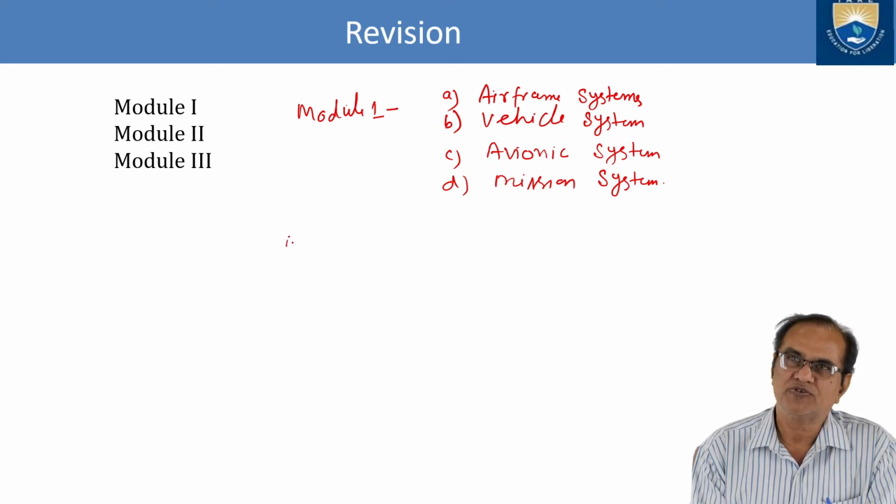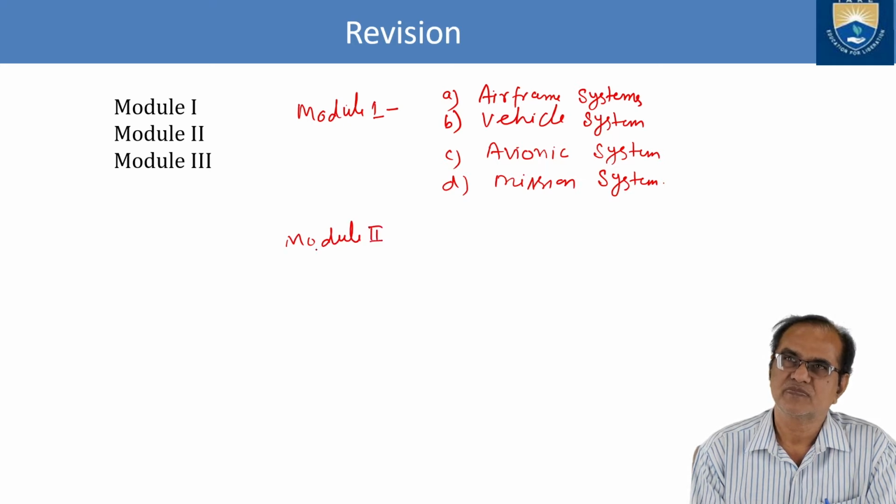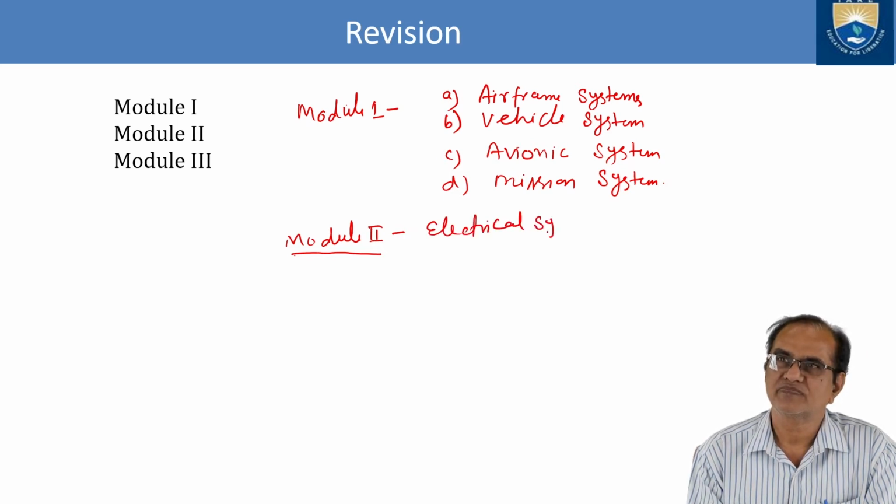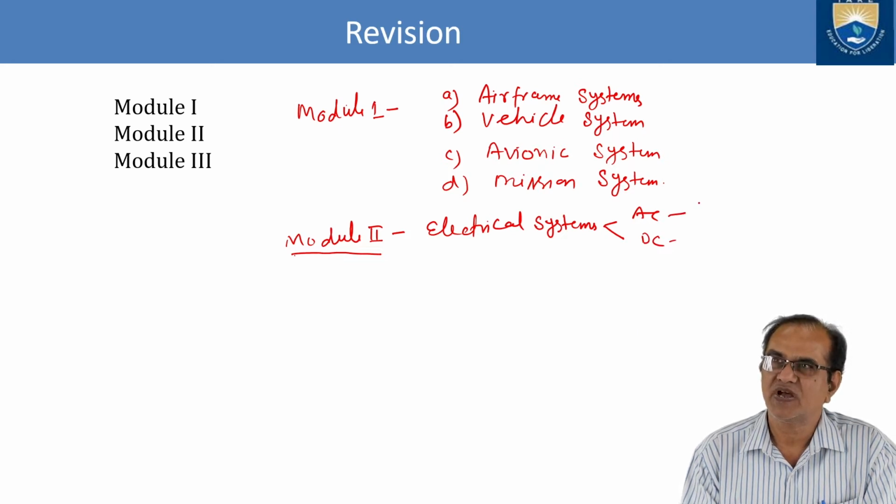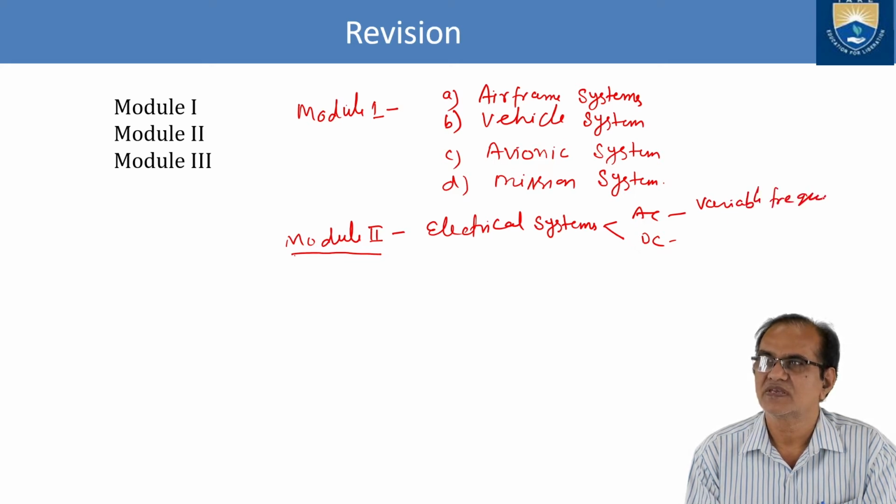In module 2, I have covered the electrical system. In this, the AC system, the DC system, the AC system with variable frequency and constant frequency, and power generation, PG.